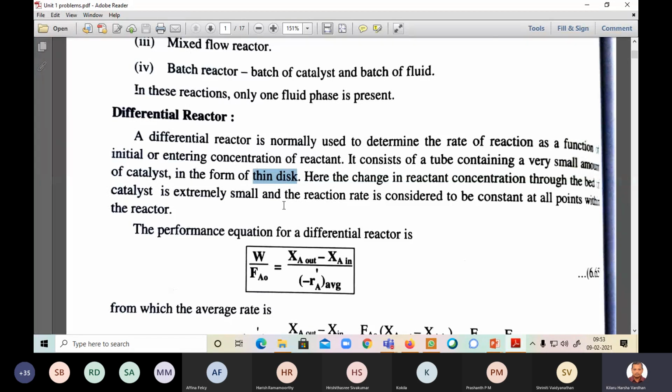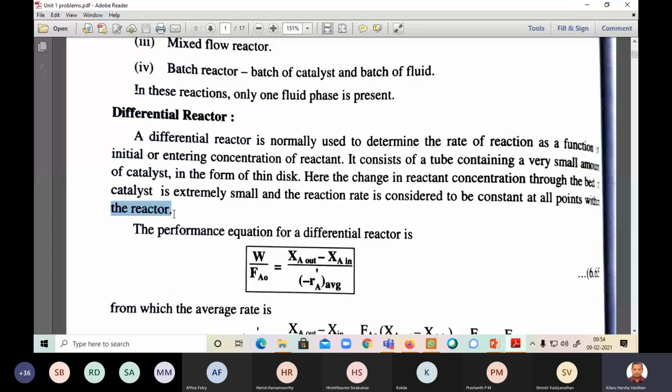When there is a catalyst of small diameter inside the tube, we assume that the change in concentration of the reactant going through this solid is extremely small. So we can assume that the rate of reaction is constant at all points inside the reactor.